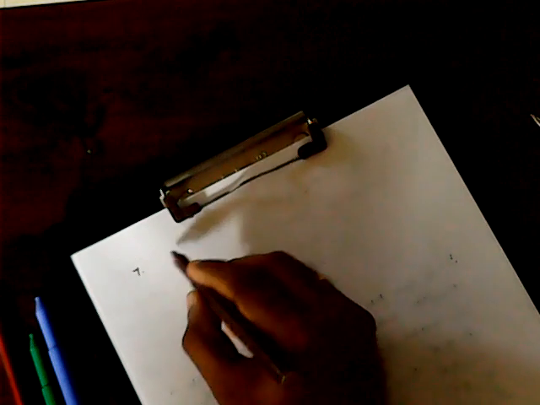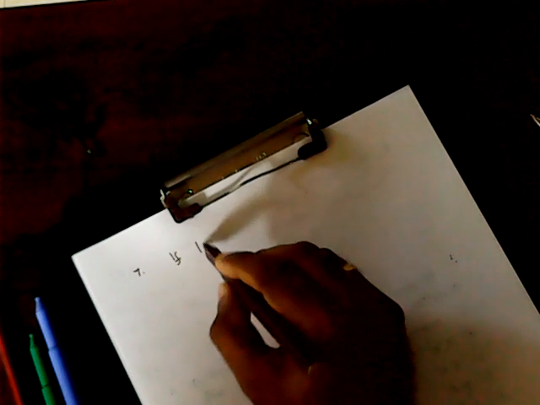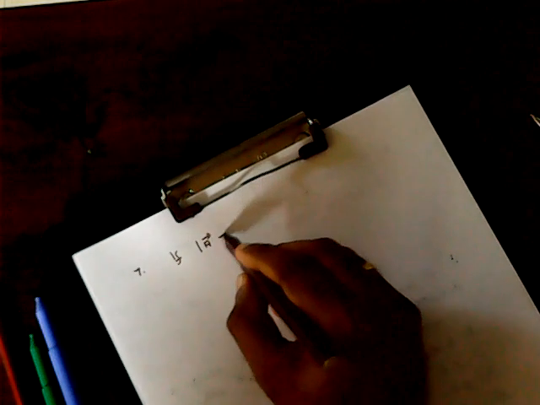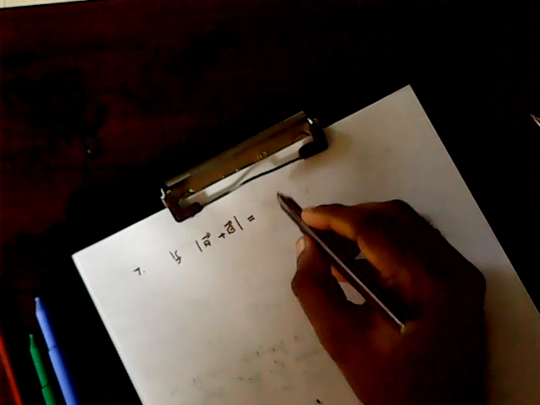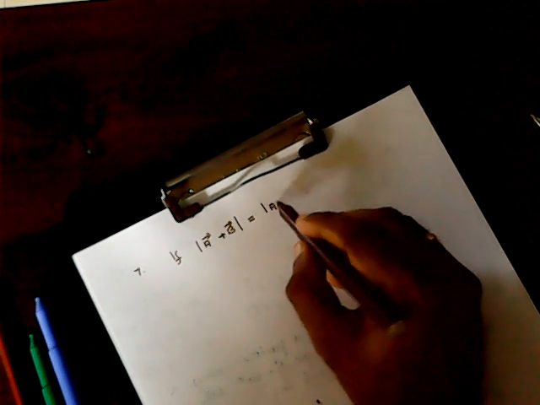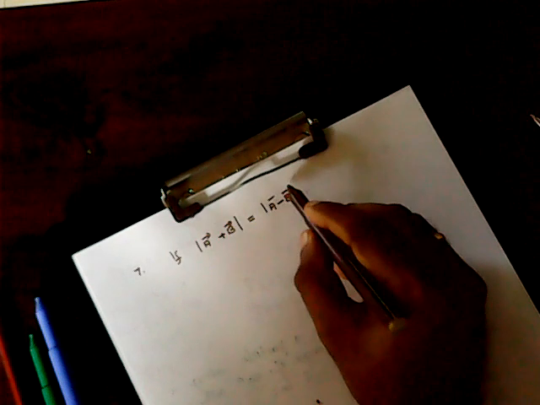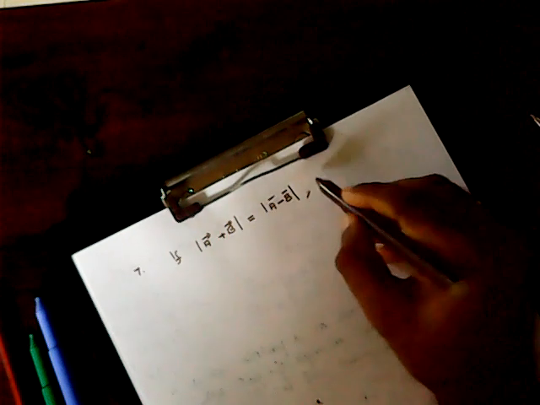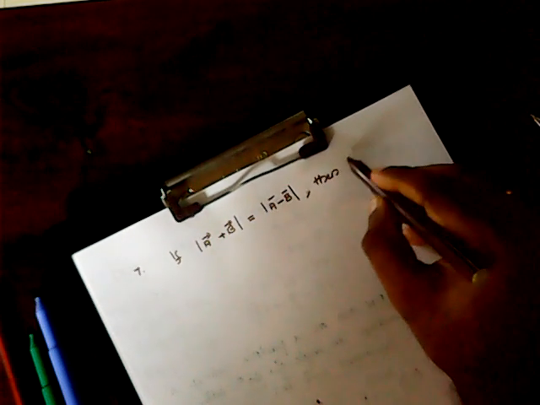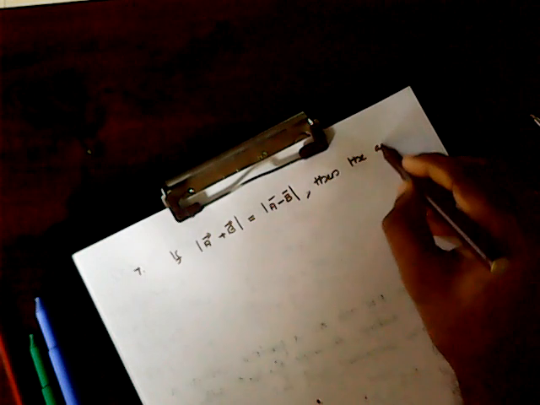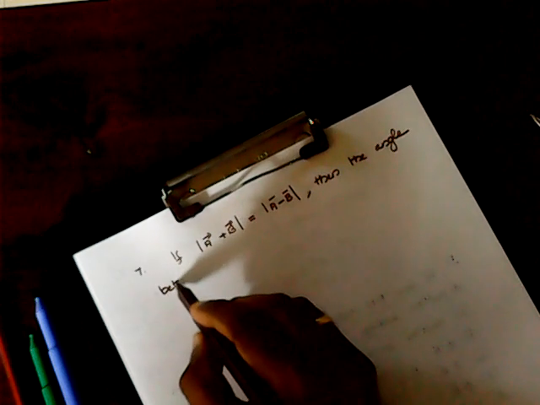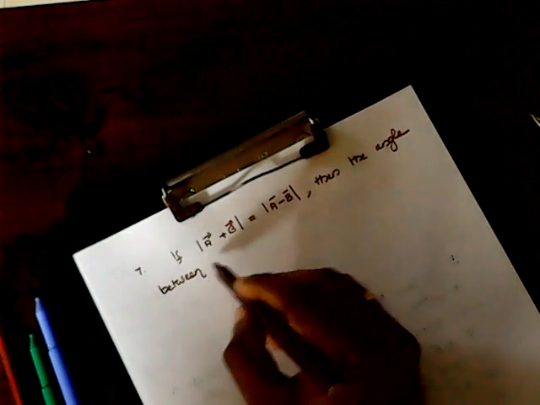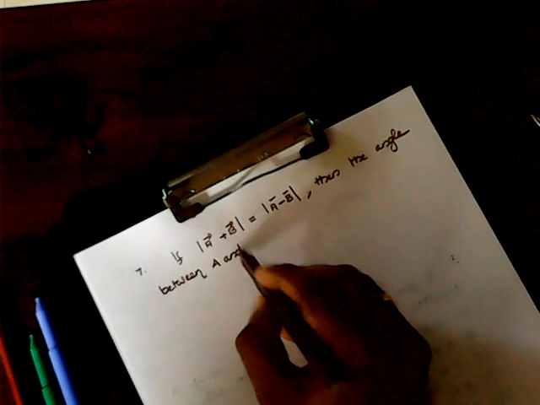So it is given, if modulus of a plus b is equal to modulus of a minus b, then the angle between A and B is.